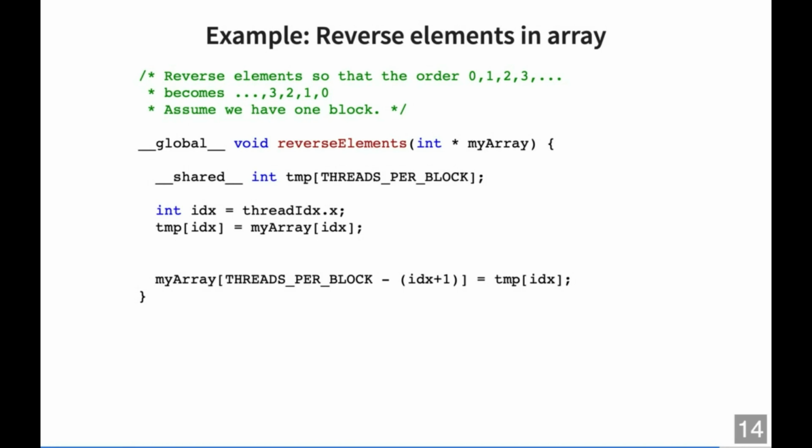Okay, so the idea behind this particular example is to take the elements in the argument myArray and reverse the order so that the result is the same array but in reverse order.